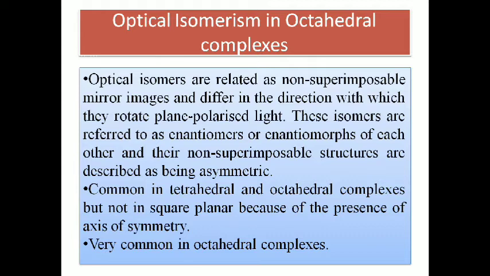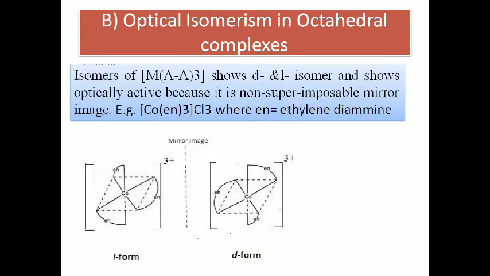That is, it shows a superimposable mirror image, and hence square planar complexes do not show optical isomerism, while tetrahedral and octahedral complexes show optical isomerism. Generally, this isomerism is very common in octahedral complexes.